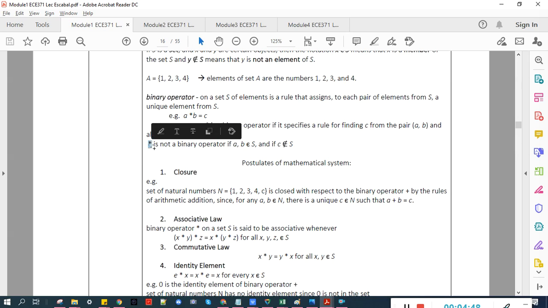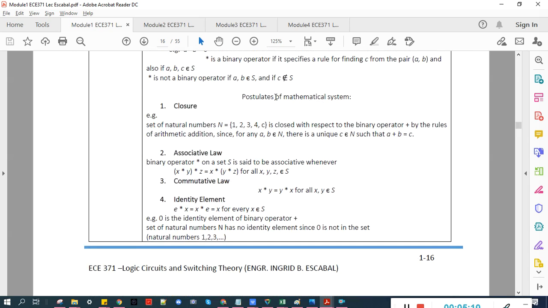This operator is not a binary operator if A, B is an element of S and C is not an element of S. So we can't call this operator a binary operator if the result C is not in the same set as A and B.